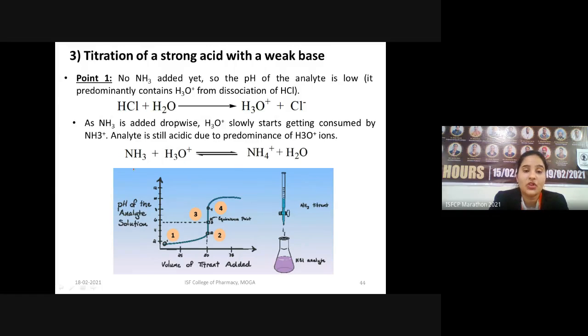Since ammonia contains a lone pair of electrons, because of the electron density present on nitrogen, it has the capacity of attracting H positive ions towards itself. So it accepts H positive from the hydronium ion, and ammonia is changed into ammonium ion. This is the reaction which will take place.